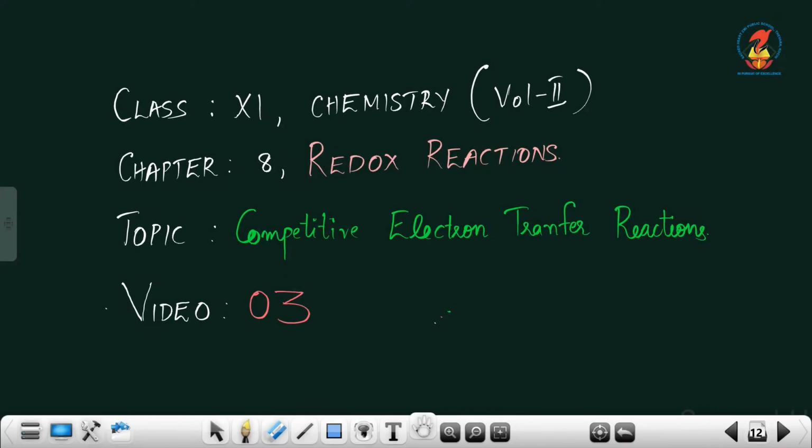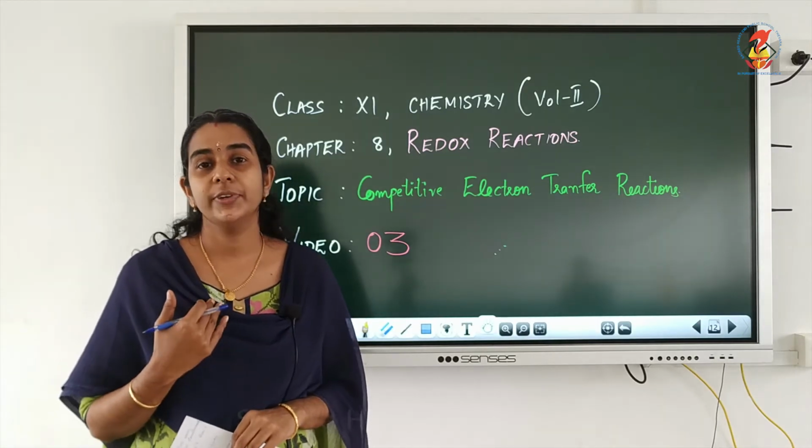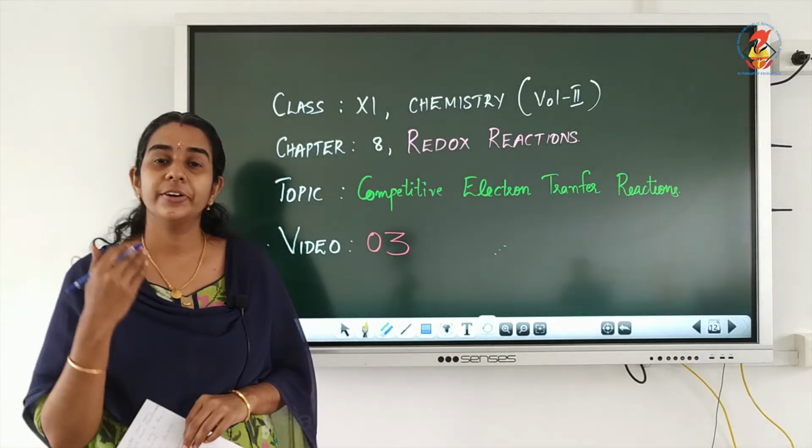In the previous video, we studied the electron transfer concept of oxidation and reduction. And as a conclusion of the previous video, what can we say about a redox reaction?